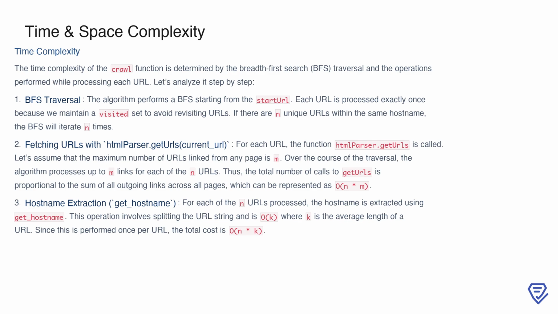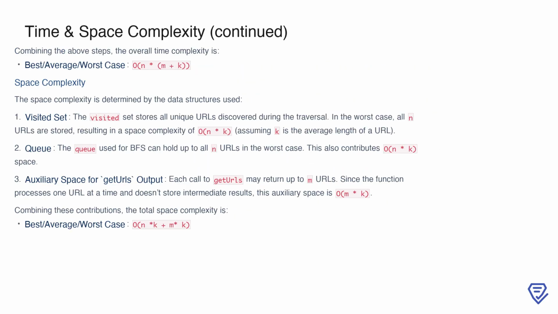This operation involves splitting the URL string, which has a complexity of O(k), where k is the average length of a URL. Since this is performed once for each of the n URLs, its total cost is O(n*k). Combining the contributions from these steps gives us the overall time complexity of the crawl function. In the best, average, and worst-case scenarios, the time complexity is O(n*m + k).